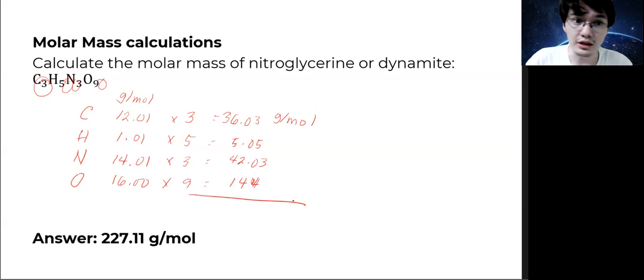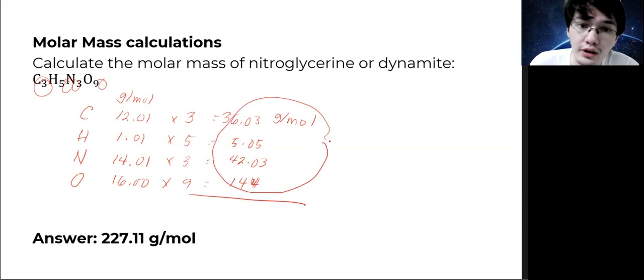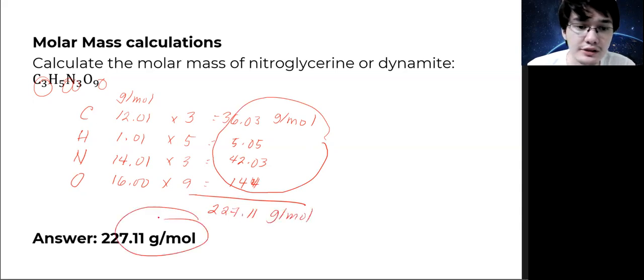So the molar mass of nitroglycerine would be the sum of all multiplied weights. So this would be equal to 227.11 grams per mole.